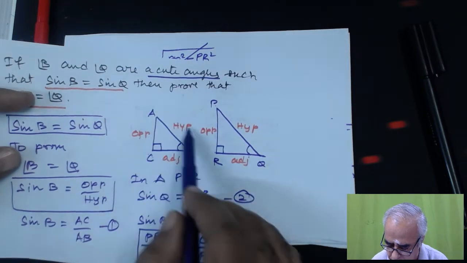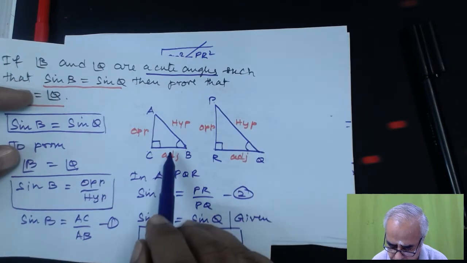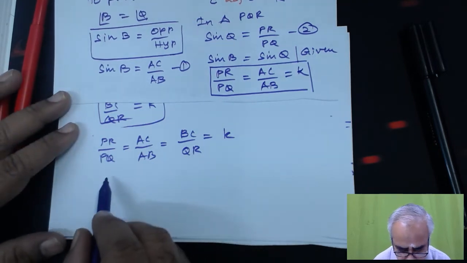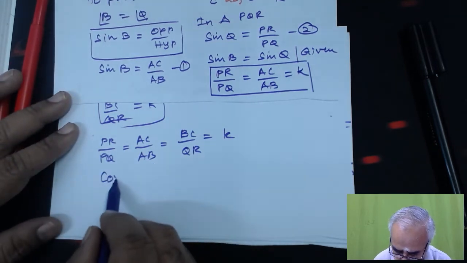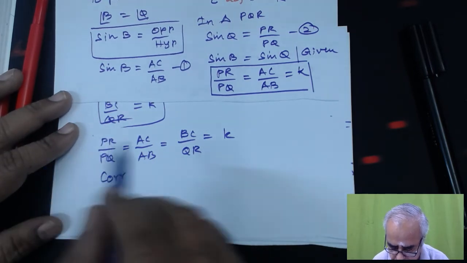It means the corresponding side ratios are equal here. Since corresponding side ratios are equal, according to the theorem of similarity, we can say corresponding angles should be equal, is it not? So take down, corresponding side ratios, not corresponding sides.